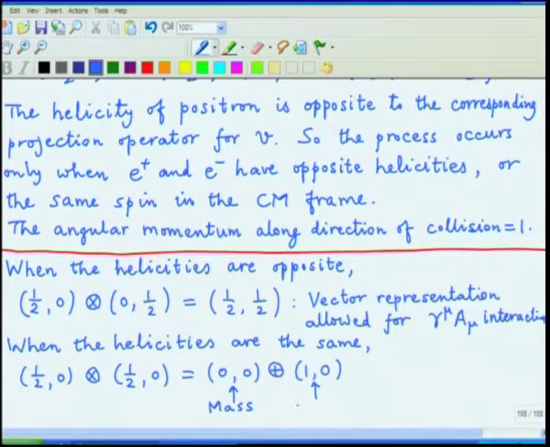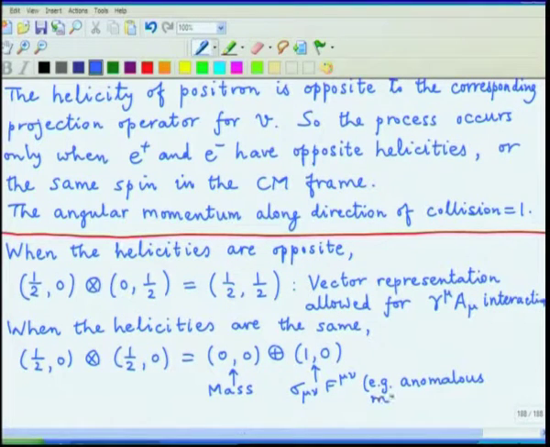So, the corresponding operator will be sigma mu nu F mu nu, and this, for example, can be the anomalous magnetic moment coupling if it exists in the theory.